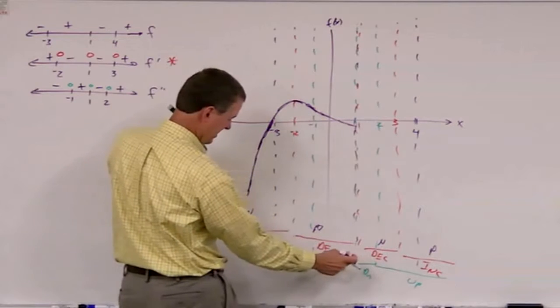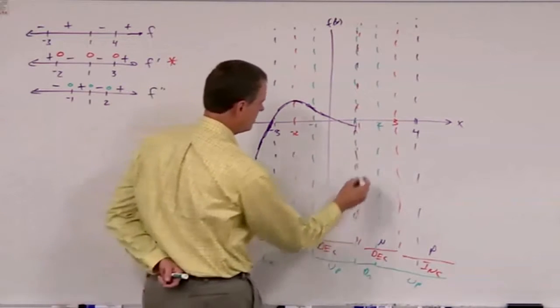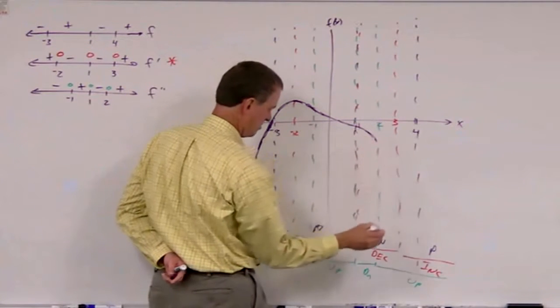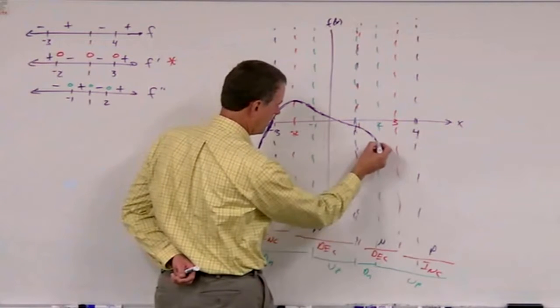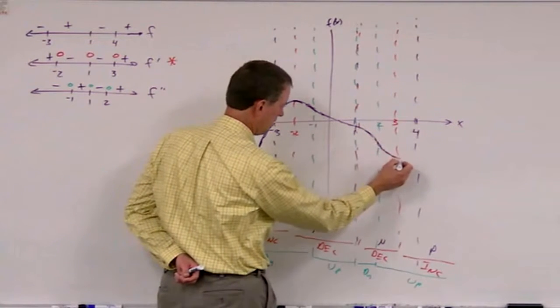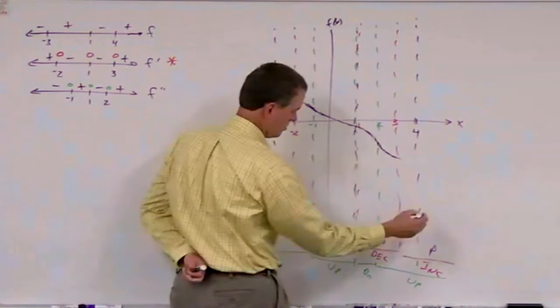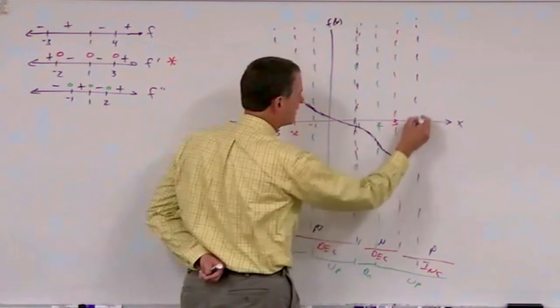Then we have to be decreasing with concave down. Then we want to do concave up. Zero slope. And then concave up and increasing, going back across the axis.